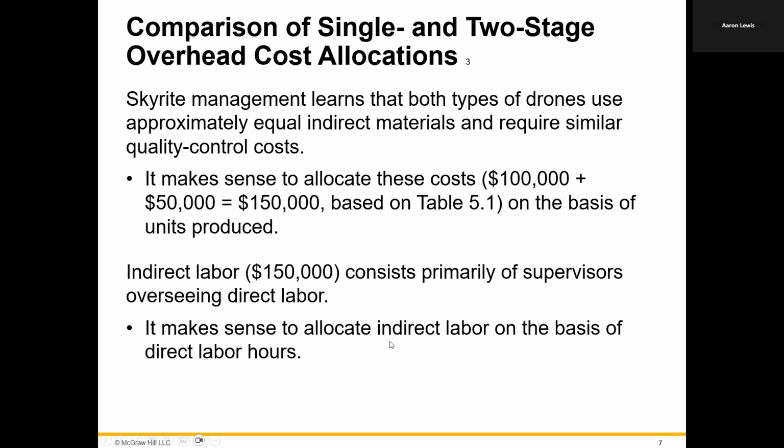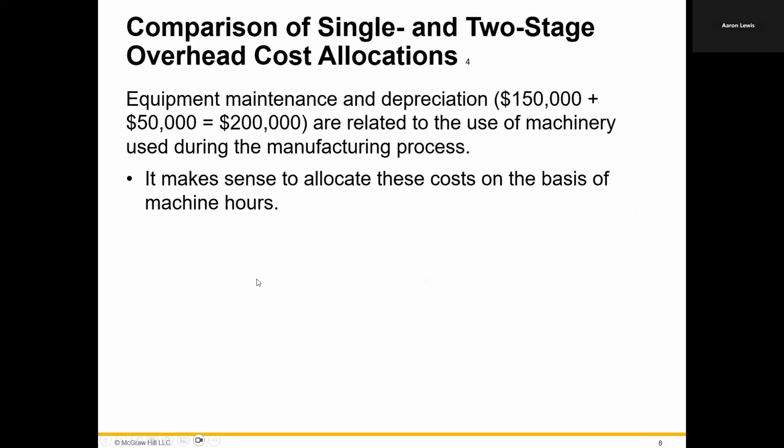So we're going to assign direct labor hours as the driver for indirect labor. And then lastly, we have our equipment maintenance of 150,000 and our expected depreciation of 50,000. That's $200,000 in total. These costs of maintaining and depreciating your equipment go up with how often you use them, so it makes sense to have machine hours as your driver for that pool. So now we've got 3 different pools in here, each with its own unique driver.